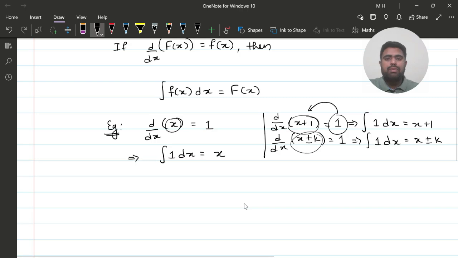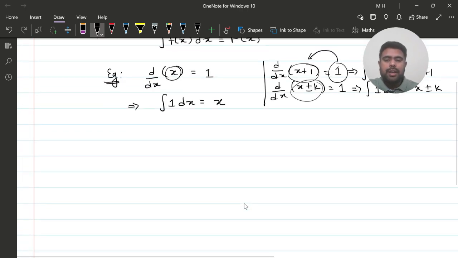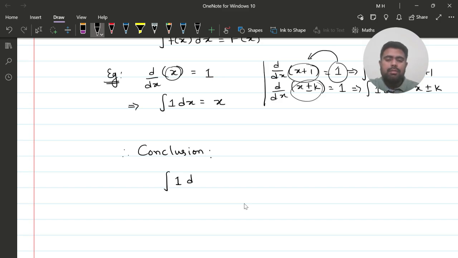So what is the conclusion? Whenever I integrate 1 with respect to x, I will definitely get x, but there is also no problem if I write a constant c. Why? Because if you differentiate x plus c, what is c? C is some constant, we call it an integration constant.